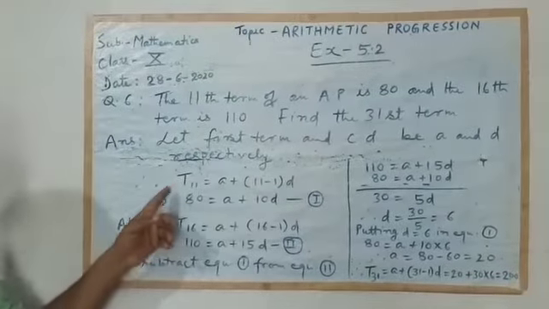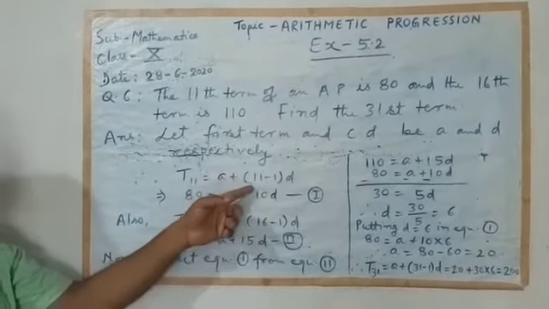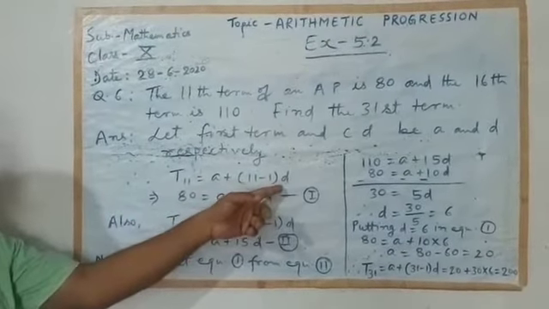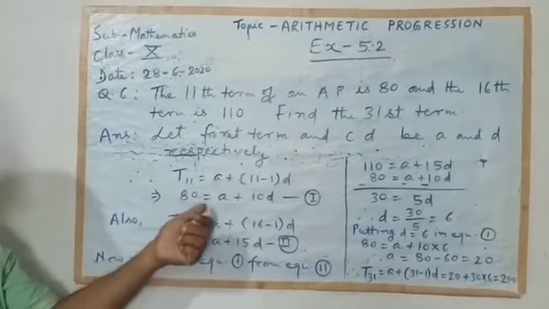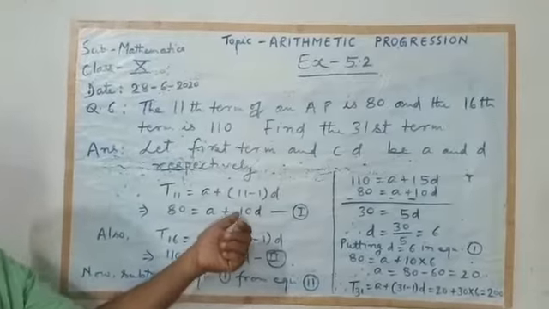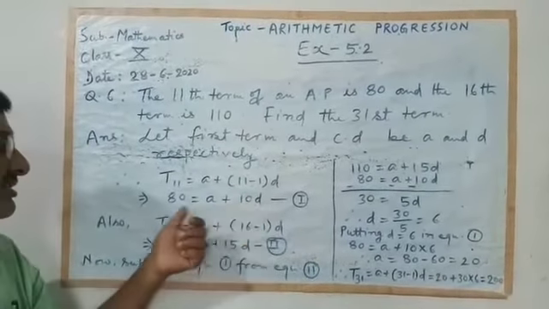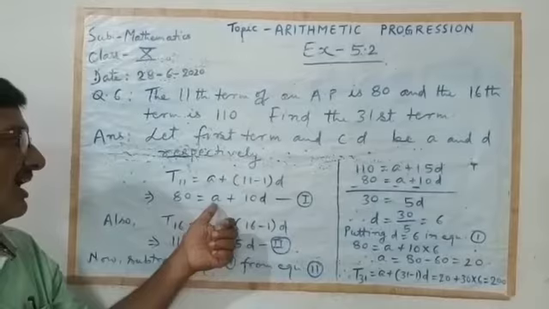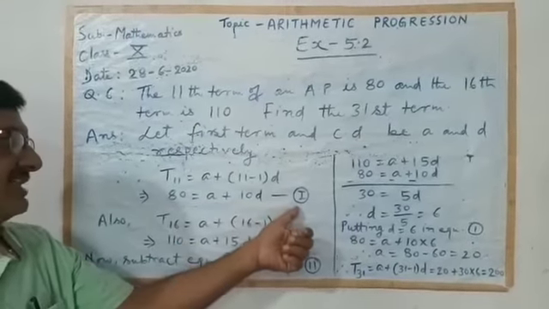So T11 will be equal to A plus 11 minus 1 into D. The value of T11 is 80, so 80 equal to A plus 10D is the first equation.